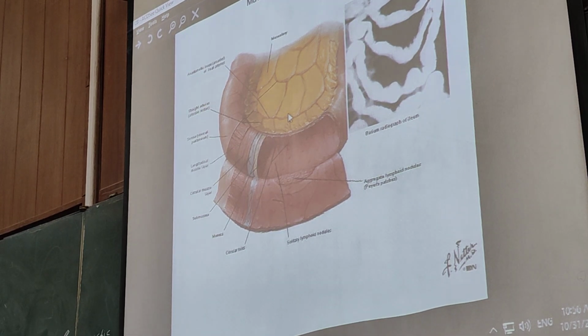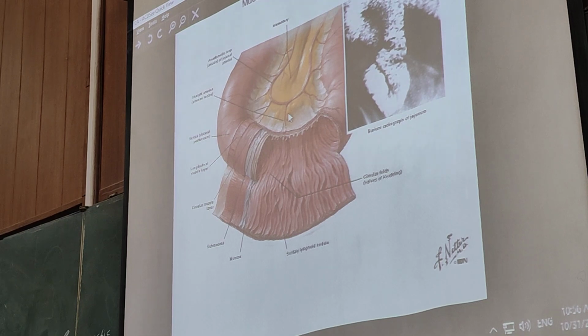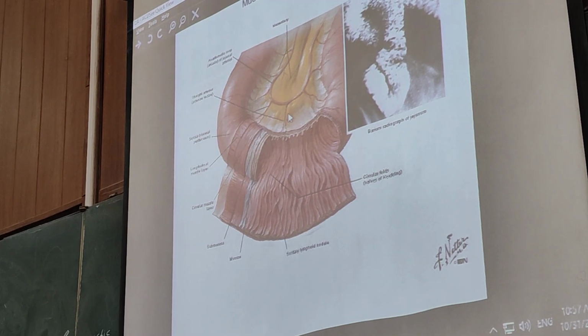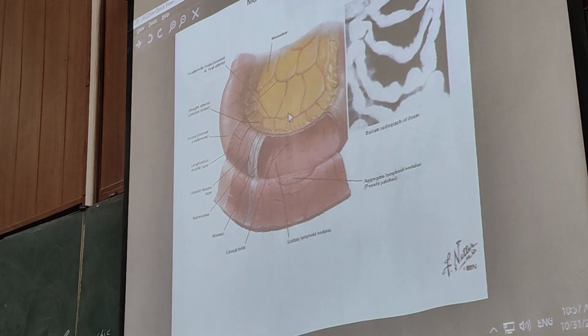One more thing, please look carefully at the jejunum and ileum. What do we have? I'm sure we're studying this in histology. What do we have inside the lumen of the ileum that we cannot find in the jejunum? So, mucosa. What is this here?